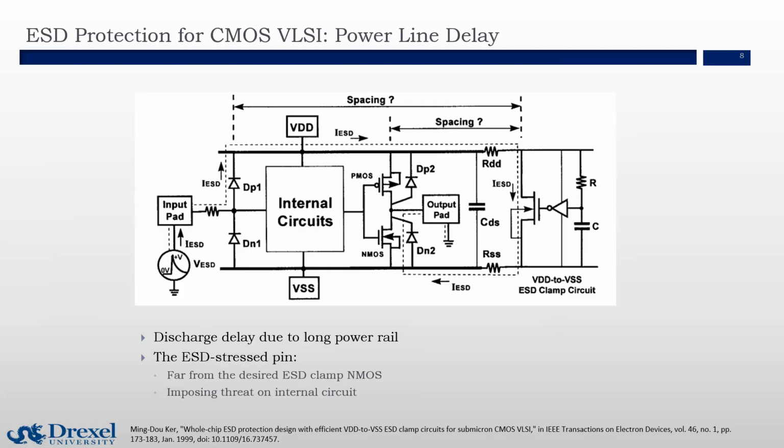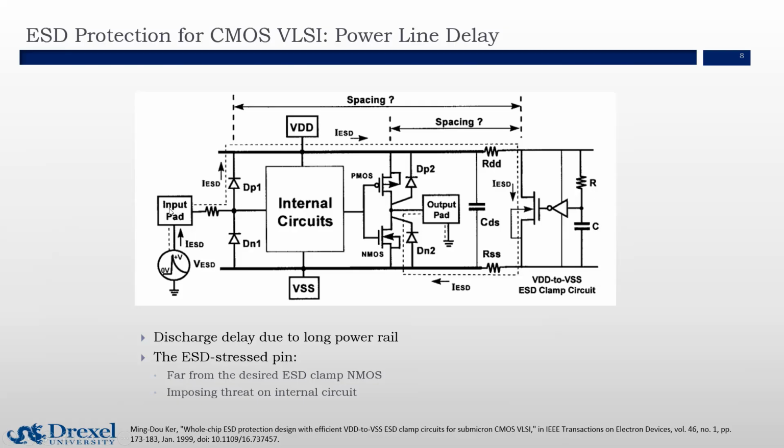And the ESD stress is also spacing dependent, depending on which pin we want to see the ESD stress on. For example, if our input pad is put on the left side and our clamp device on the right side, then this is the worst case delay.